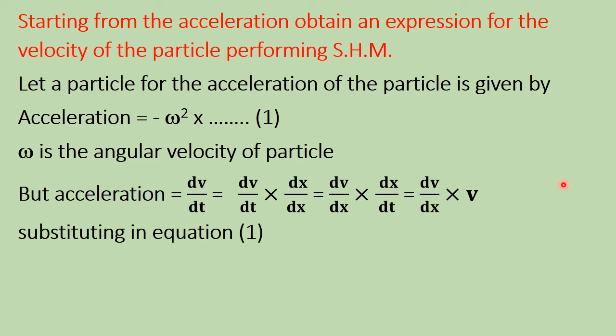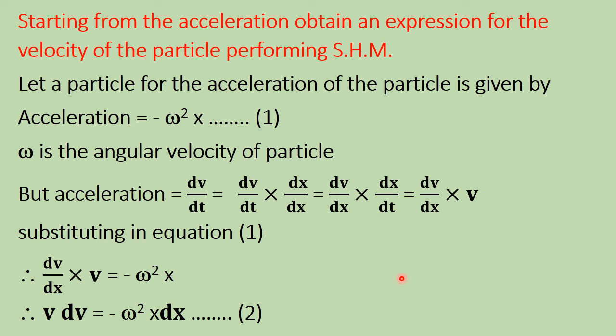Now substituting the value in equation 1, we get acceleration equal to v into dv upon dx equal to minus omega square x. Transferring the dx term from one side to the other, we get this equation. This is equation 2.